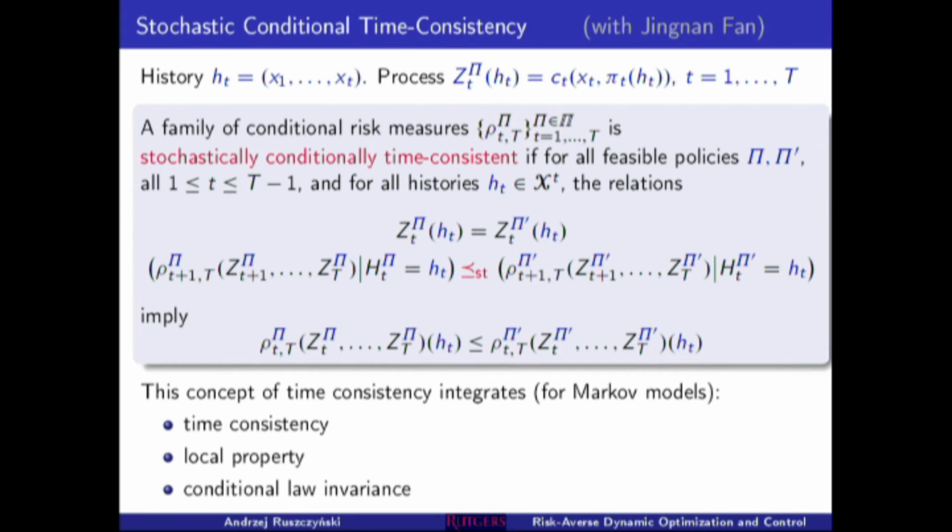And the second thing, these random variables in the future are compared in terms of first-order stochastic dominance rather than a plain inequality. I could have written here plain inequality, but for Markov models where only distribution matters, dominance is a more natural comparison than the plain inequality, okay? Because only the distribution is described, okay?